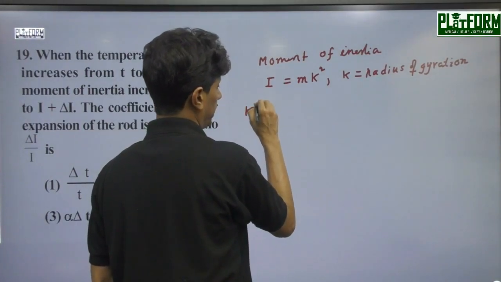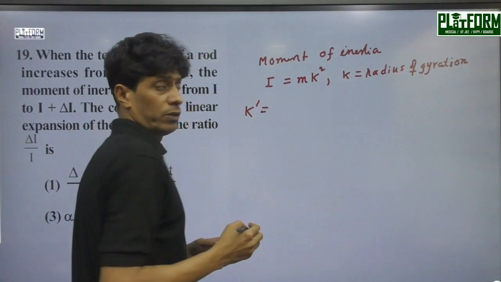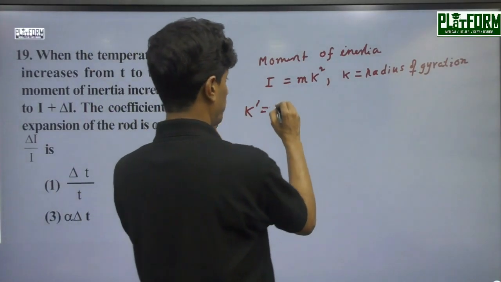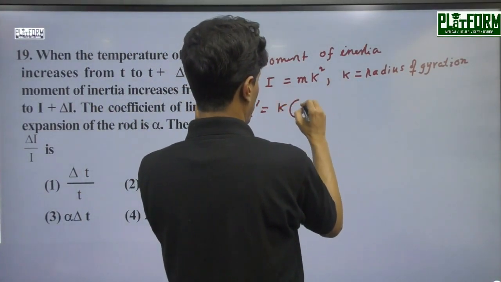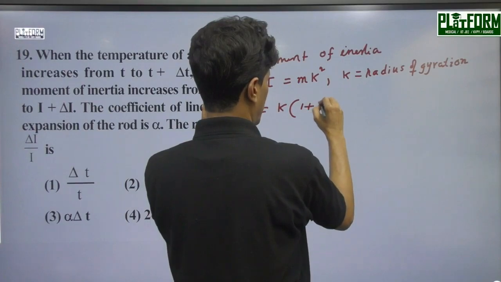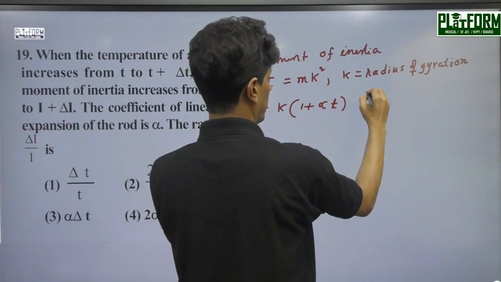On heating, the new radius of gyration, we can say, is k into 1 plus alpha t.